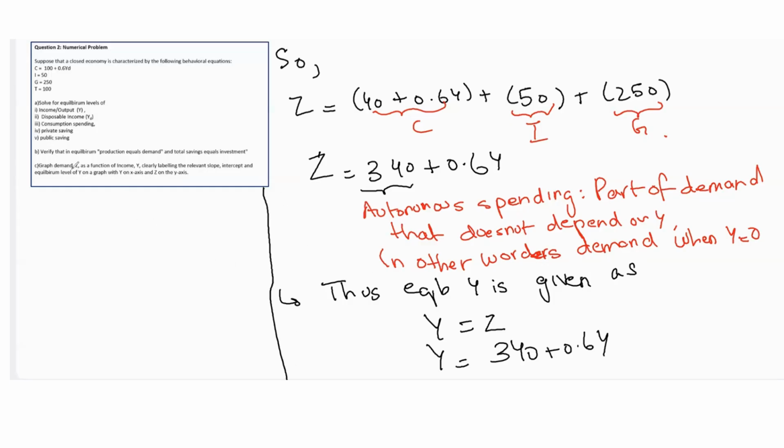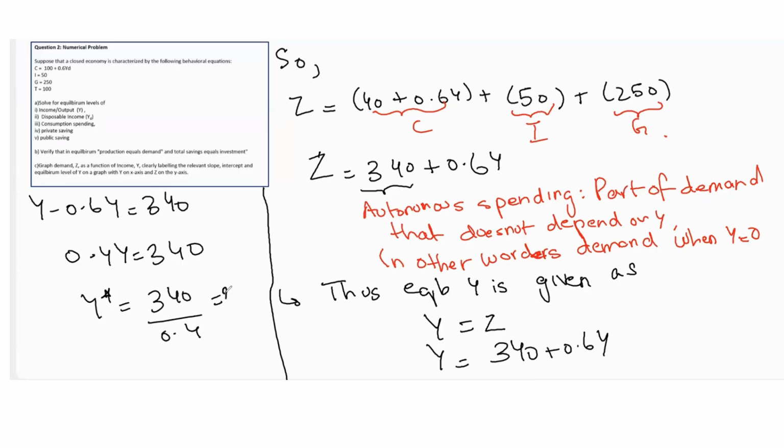Then make Y the subject: Y minus 0.6Y is 340, so 0.4Y is 340. Then Y star is 340 divided by 0.4, which is 850. So we're done with part 1, where we found equilibrium output.